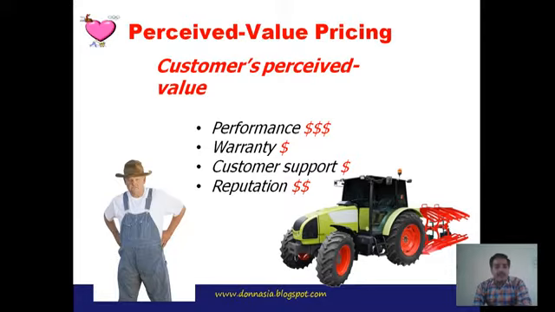It may include performance, warranty, customer support and reputation, like this. So there are different values perceived by customers, and accordingly we can set the price. If the performance of the product is high, then we can set the price on the basis of that particular performance actually delivered at the time of using the product.